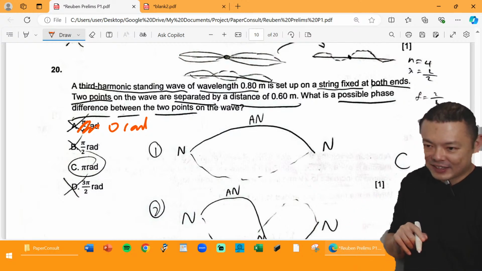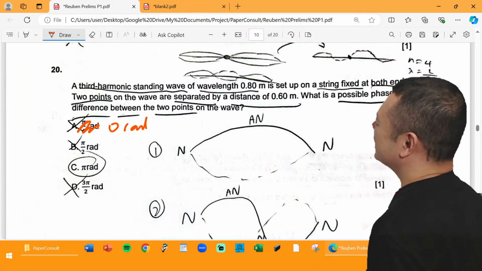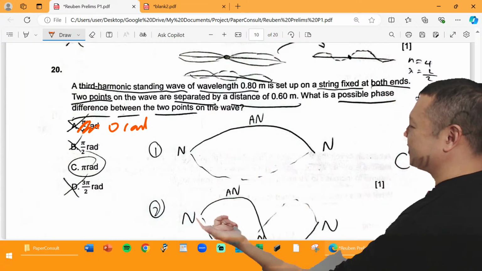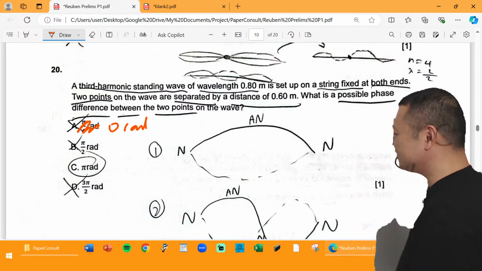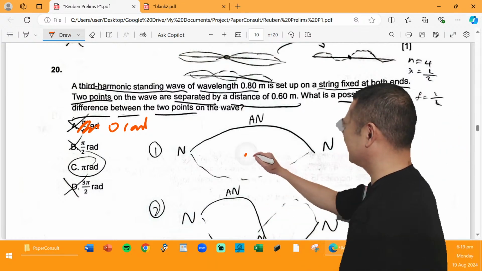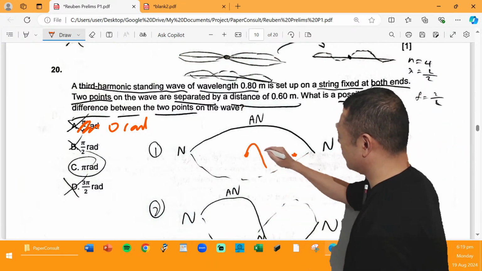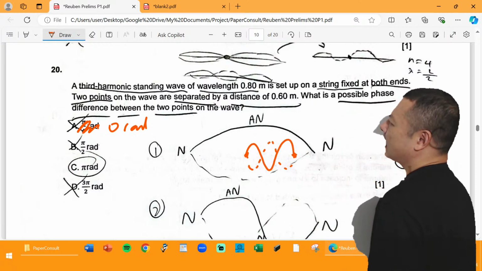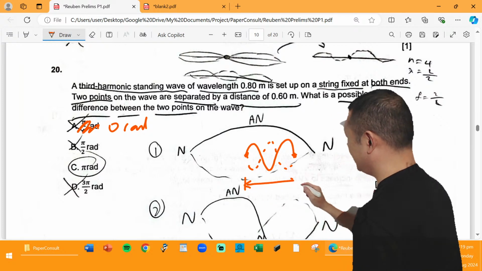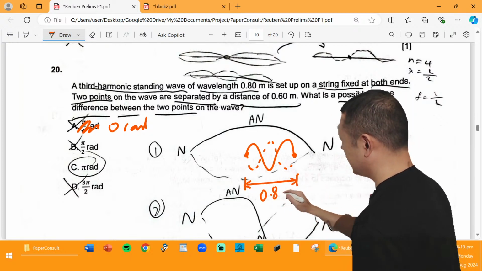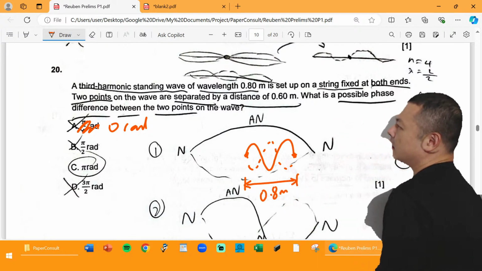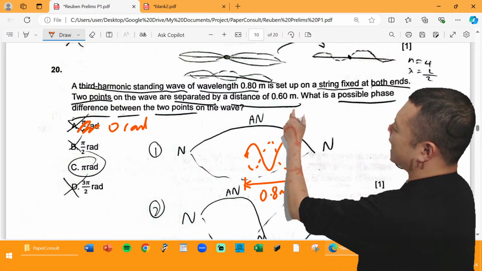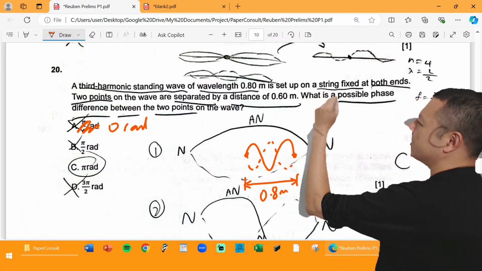But let's work it out. It's a third harmonic standing wave. Okay, you went to draw all the harmonics. Third harmonic means 1.5 waves. And the distance is 0.8 meters. But then the 2 points are separated by a distance of 0.6.